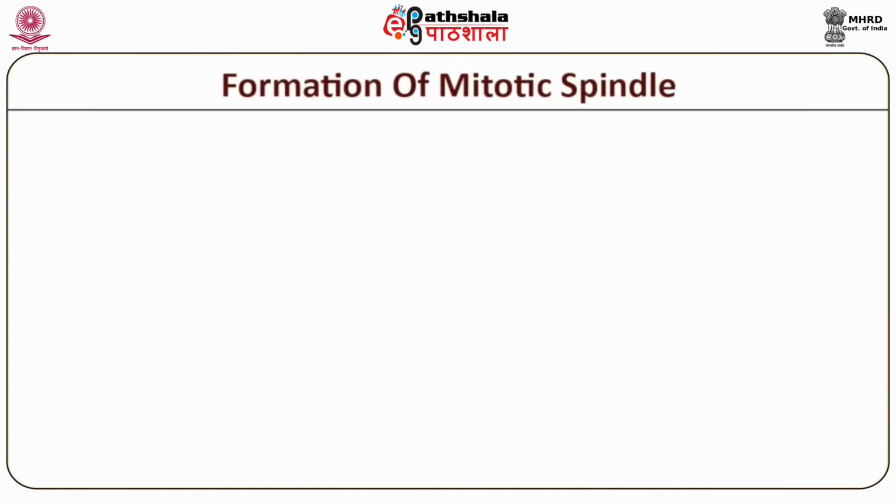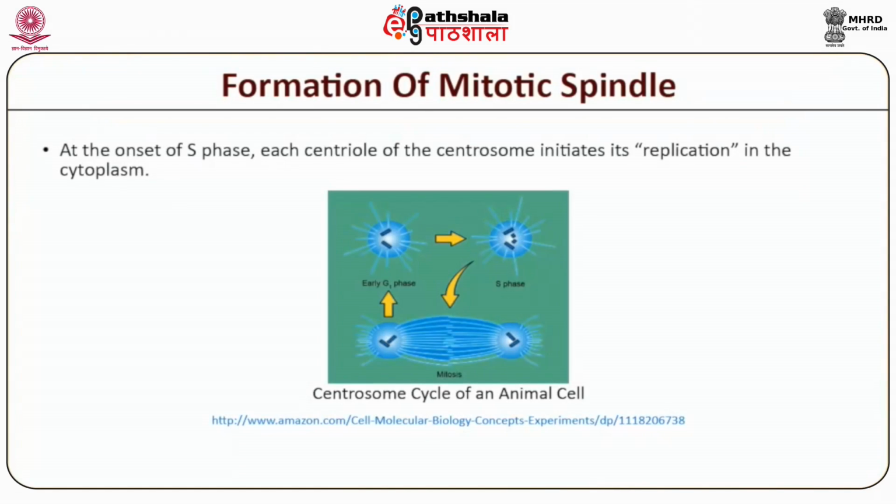Now, we can focus on how mitotic spindles are formed. During G1, the centrosome contains a single pair of centrioles that is no longer as tightly associated as they were during mitosis. During S phase, daughter procentrioles form adjacent to the maternal centriole so that two pairs of centrioles become visible within the centrosome.